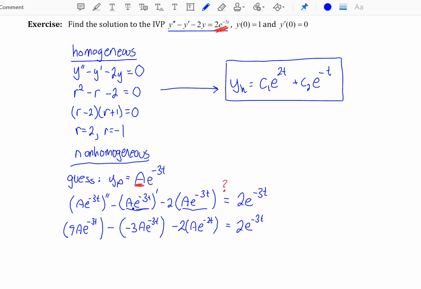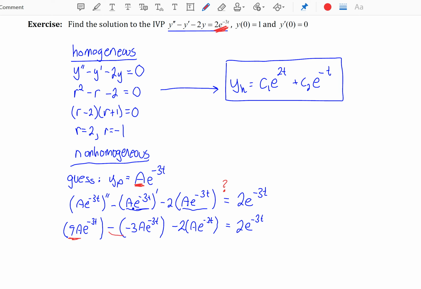Now notice the left-hand side are a bunch of terms that look like some constant version of a e to the negative 3t. These are all similar terms, and so if we try and combine our similar terms, we have 9a e to the negative 3t.